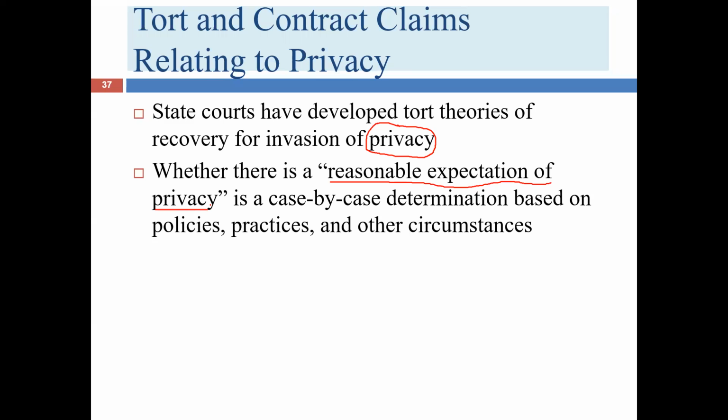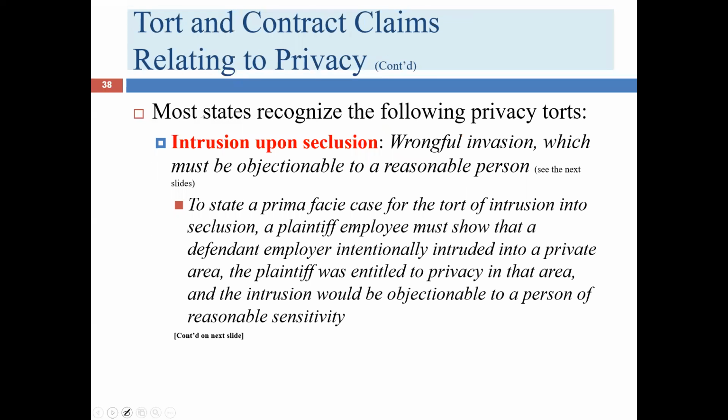So if the person who's suing did not have a reasonable expectation of privacy in that particular situation, he or she is not going to have a good tort claim. But if he or she did have a reasonable expectation of privacy, there's at least a chance that a court is going to say, yes, we think this person has a claim. They may need more than a reasonable expectation of privacy, but that is at least a requirement for these torts that we're going to be talking about.